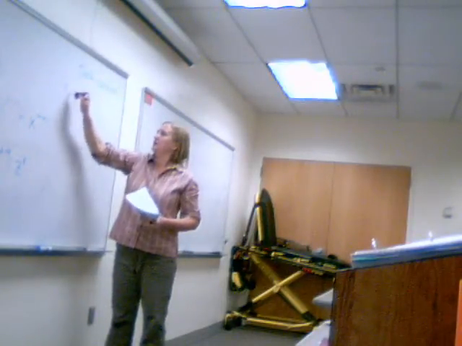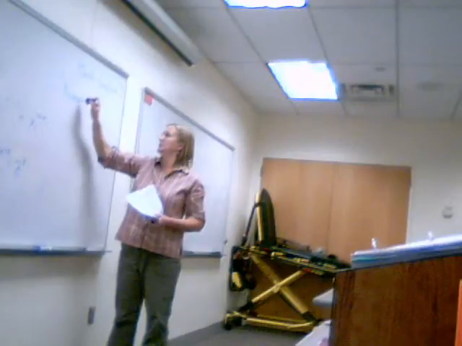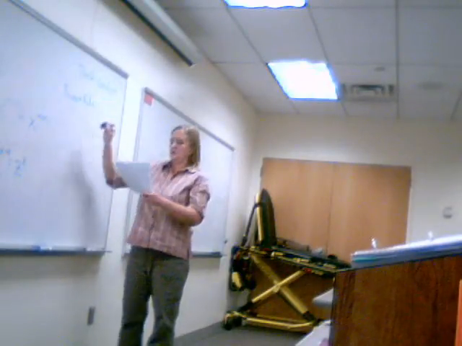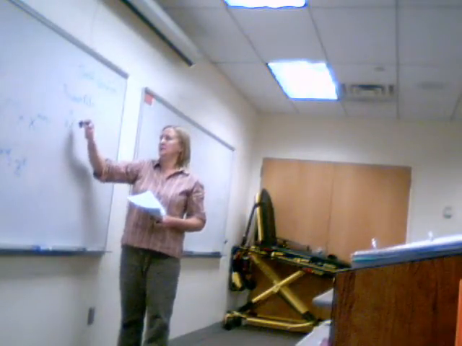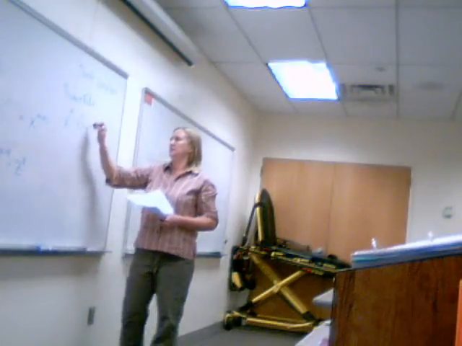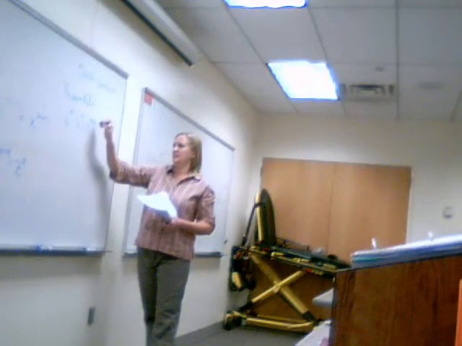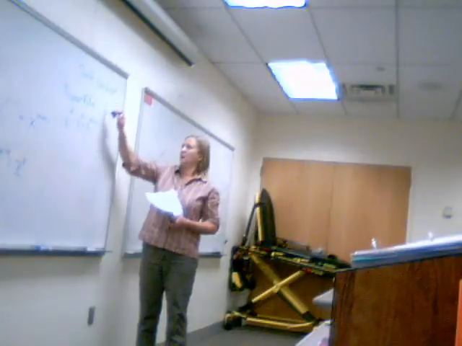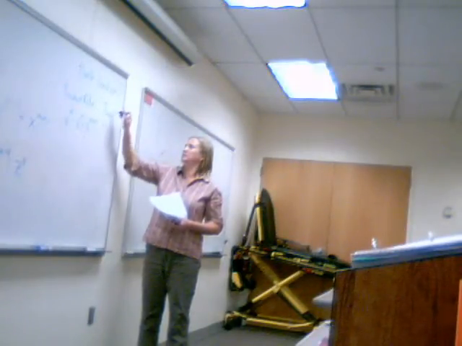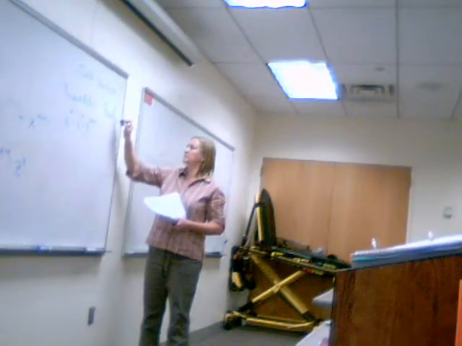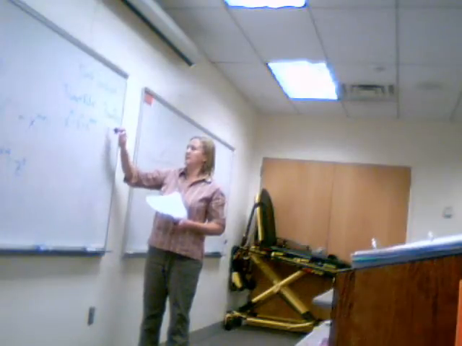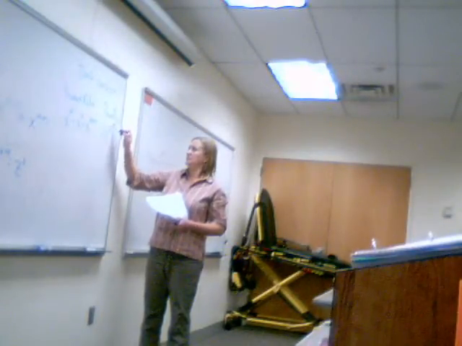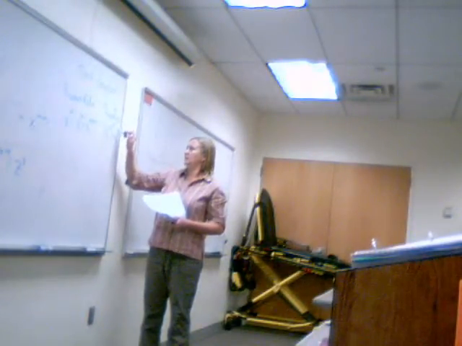So the product rule said this. It said x to the m times x to the n is x to the m plus n. Whereas the power rule is saying x to the m, to the n, is x to the mn.